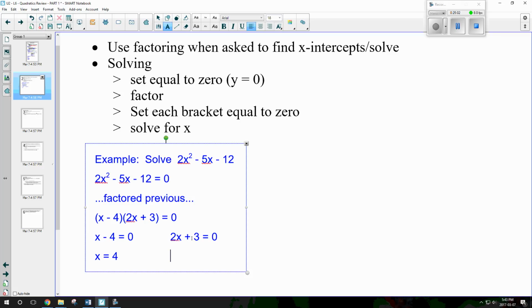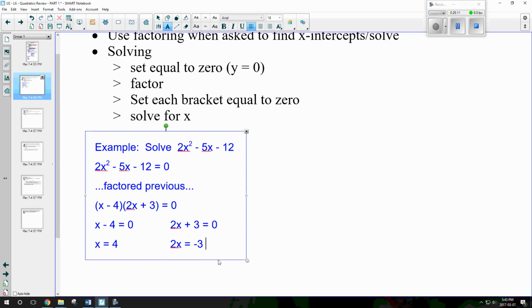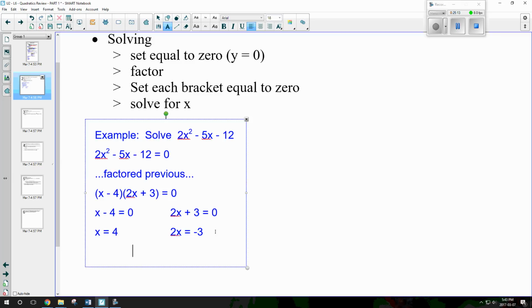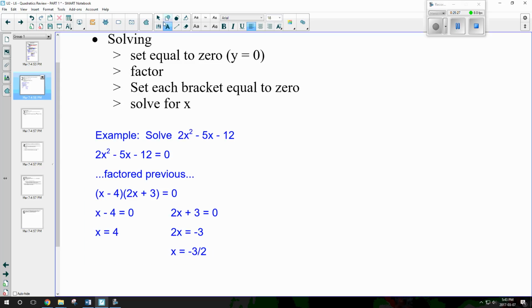For this one, we take this +3 and bring it to the other side of the equal sign, so it becomes negative. So we have 2x is equal to -3. And then our last step is to divide both sides by 2. So that on this side, the 2's cancel out, and on this side, we have x is equal to -3/2. And those are our two answers, and those would be our two x-intercepts in this case.